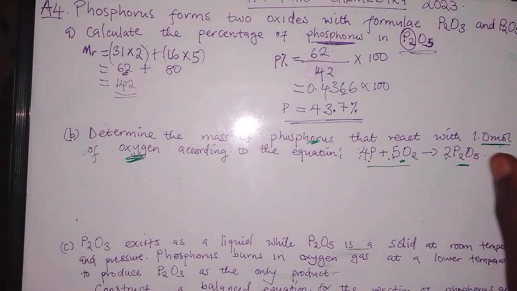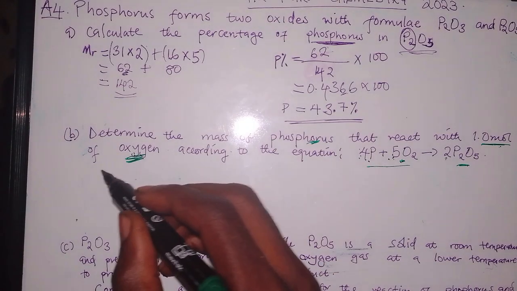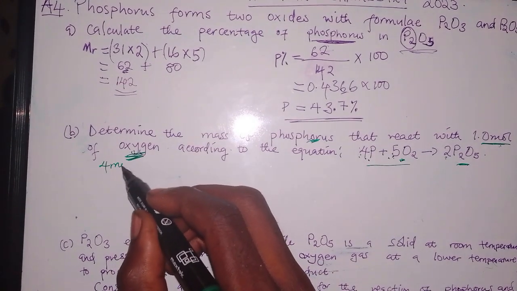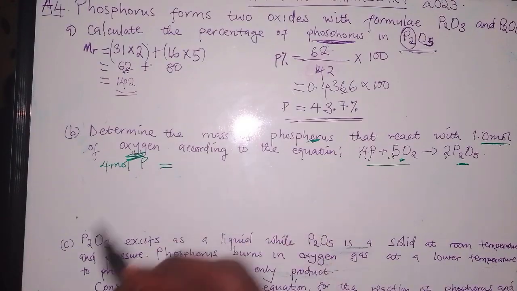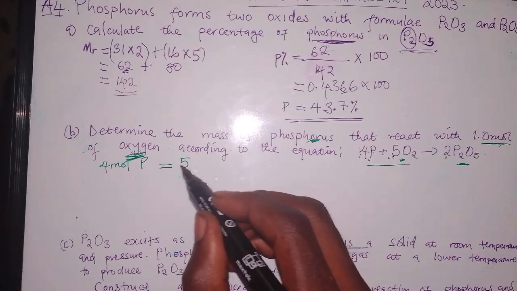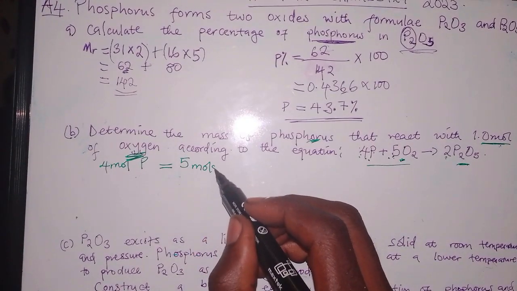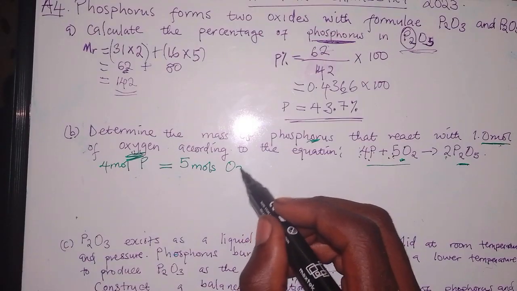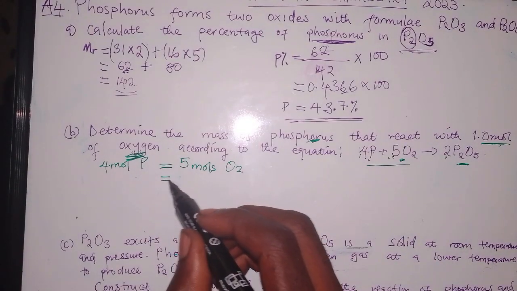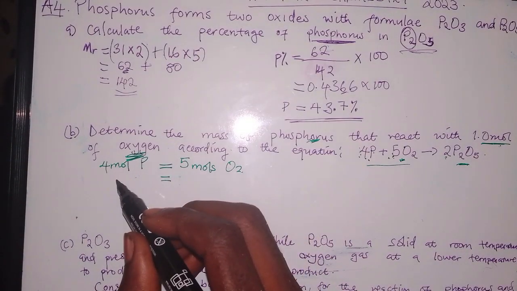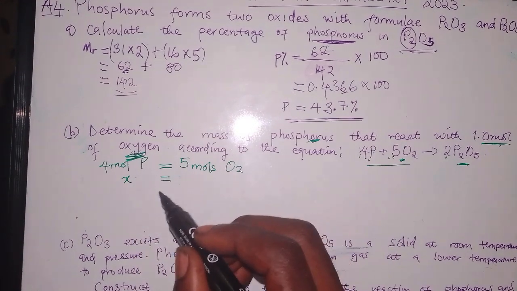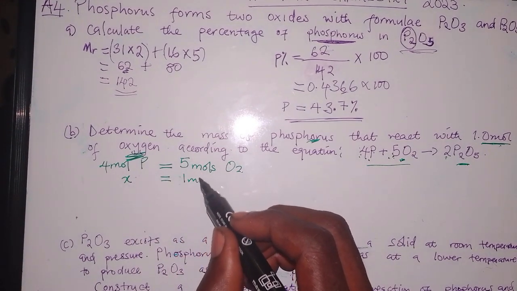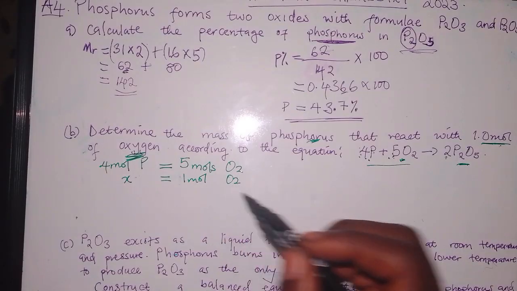So you say 4 moles of phosphorus reacts with 5 moles of oxygen. How many moles of phosphorus will react with 1 mole of oxygen?